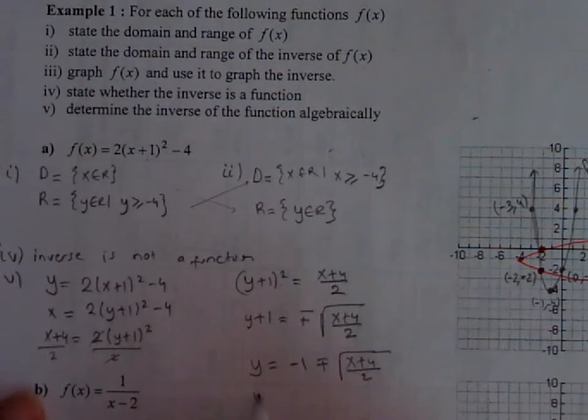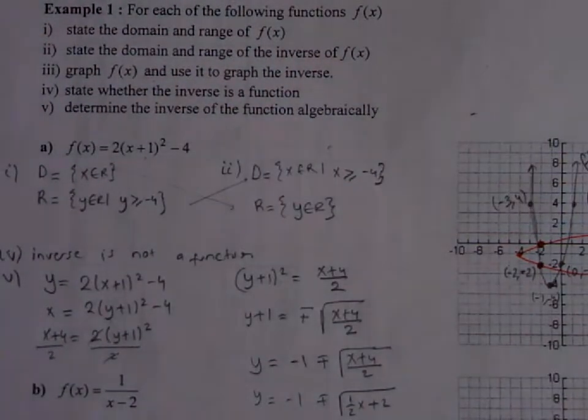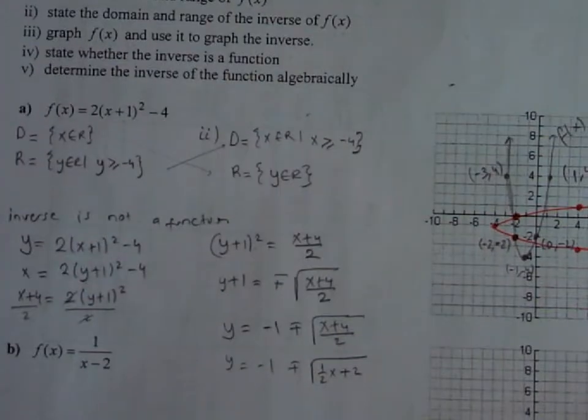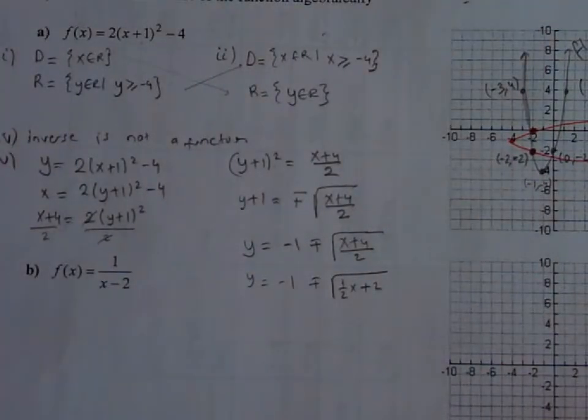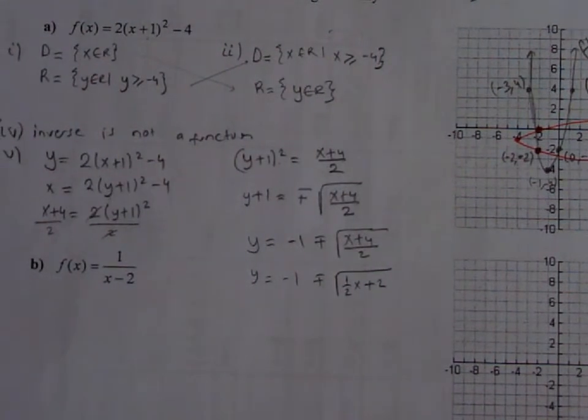You could also write it as -1 plus and minus the square root of 1 over 2 x plus 2. That would be okay too. So that is the equation.